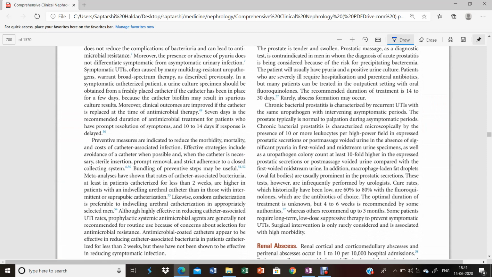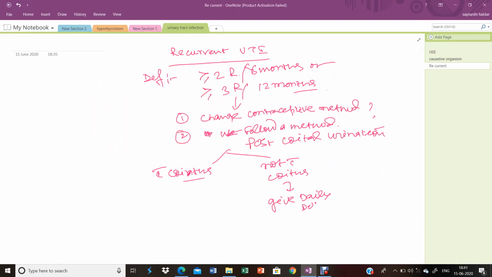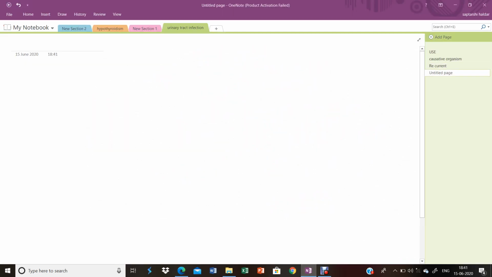Let's discuss one important thing, that is the renal abscess. It may be cortical, or it may be corticomedullary.